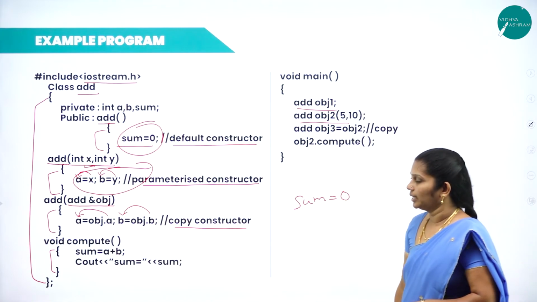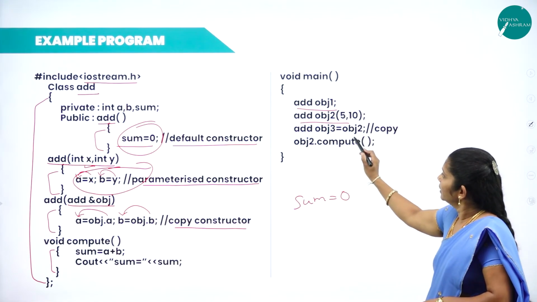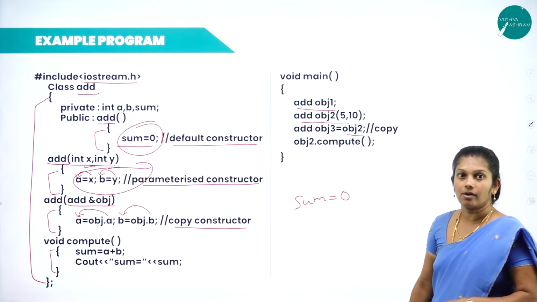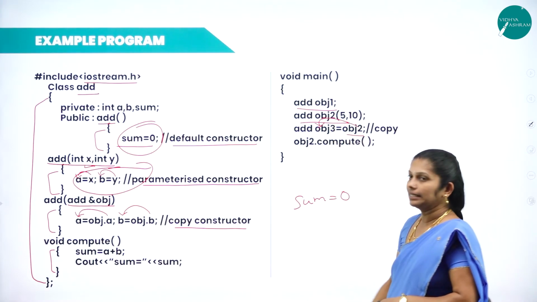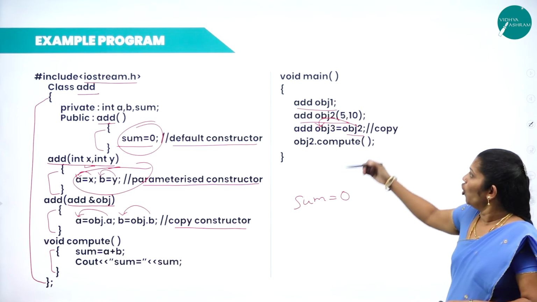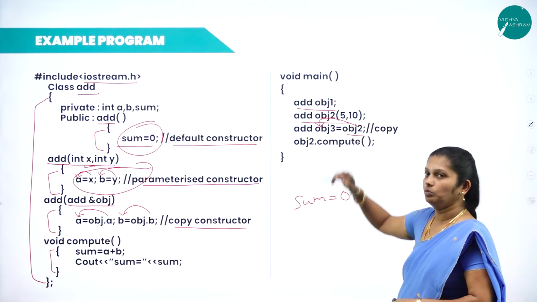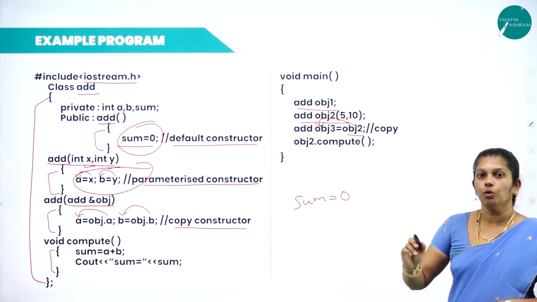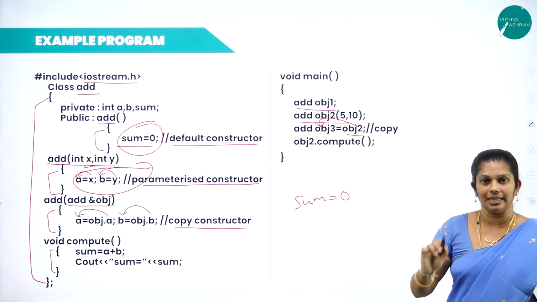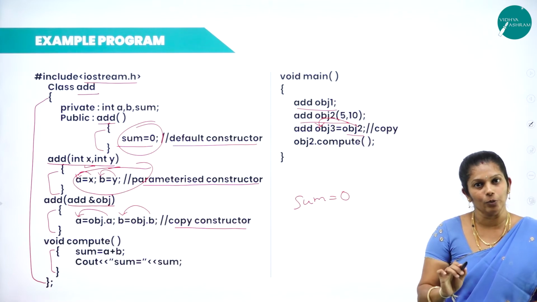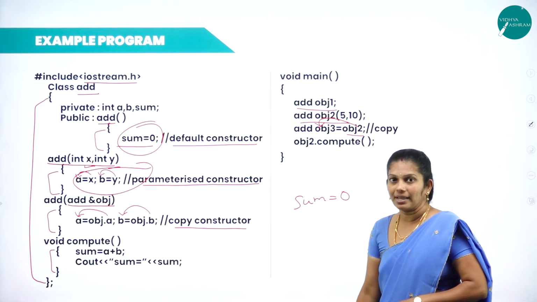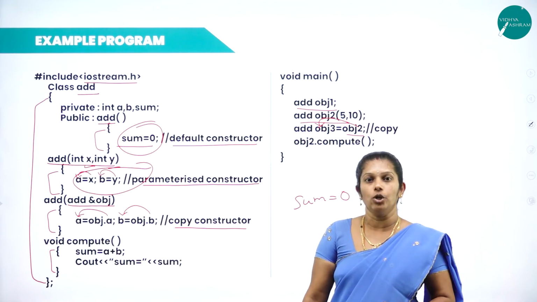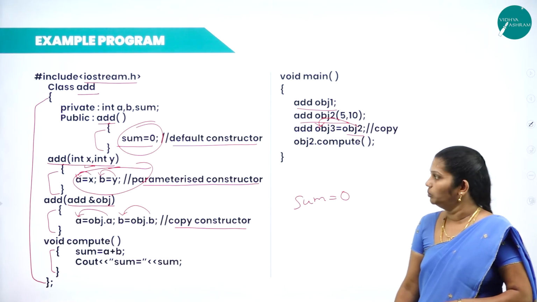Then how to call the third one, that is the copy constructor. Here, whatever value we have in object 2, we are moving to object 3. It means that the object 2 value is copied to object 3. In both object 2 as well as object 3, it contains the same value because here we are using the copy constructor. The copy constructor helps to copy the value from one object to another object.